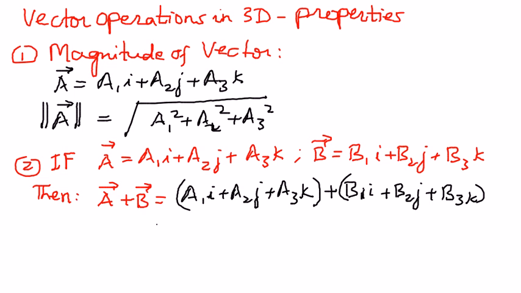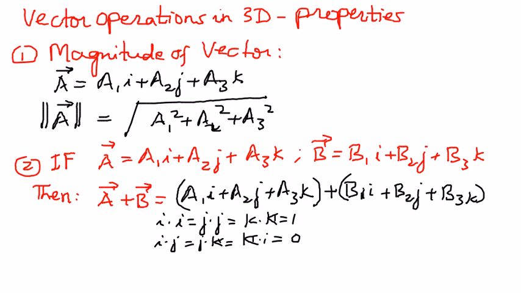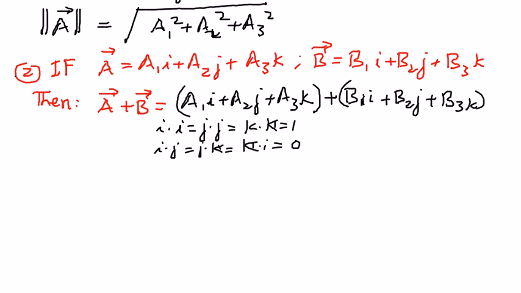Since we know that i dot i is equal to j dot j is equal to k dot k, that is equal to 1, and then the rest of the properties, i dot j or j dot k or k dot i, are equal to 0, we can then simplify this as follows.